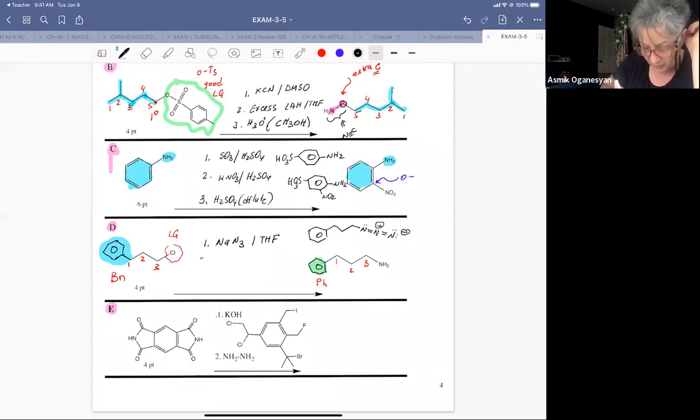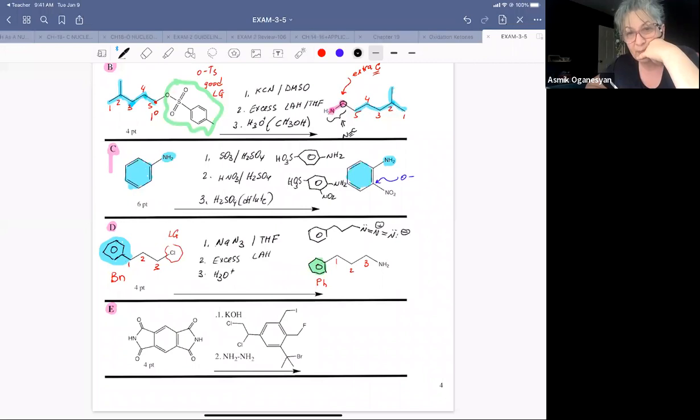And in the second and third steps, I'm going to add excess of LAH, and then followed by acidic conditions. No carbons are added here.